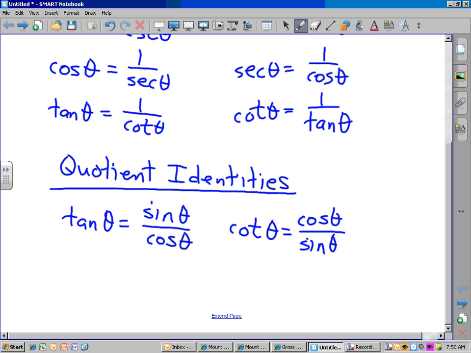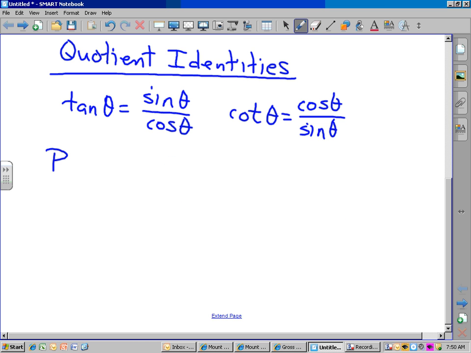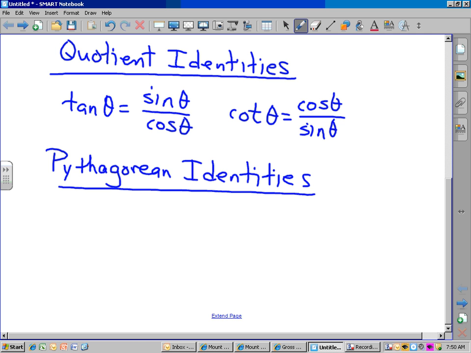Then we have what's called the Pythagorean identities. These we've probably not ever seen before. Sine squared of theta. Okay, that means you have two sines multiplied together. The sine is squared, not the theta.